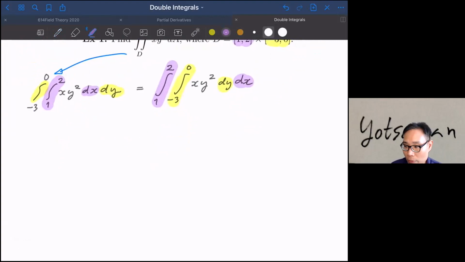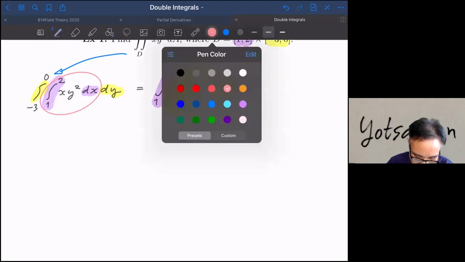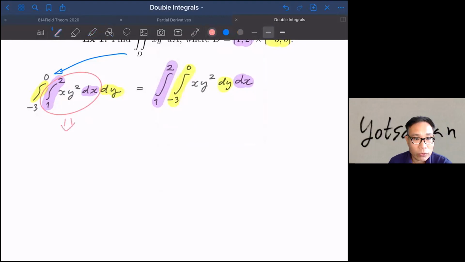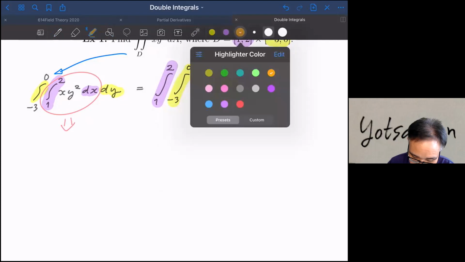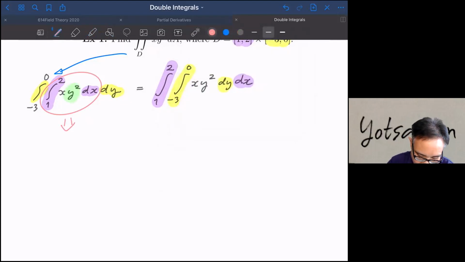The way we compute the value is to evaluate the inside parentheses first. This is the term we have for the inside parentheses, so you basically integrate this term, xy squared dx, where y squared turns out to be a constant. So you have y squared, and you integrate x dx from 1 to 2.